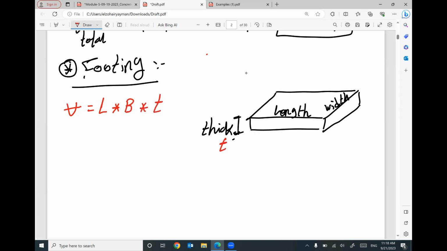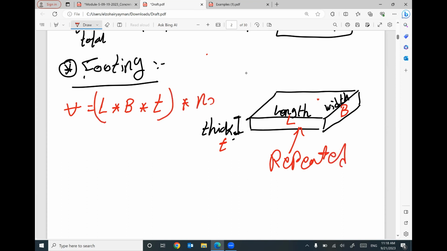This is thickness, this is length, this is width. If this footing is repeated many times in the building, we have to multiply this volume by the number of footing.